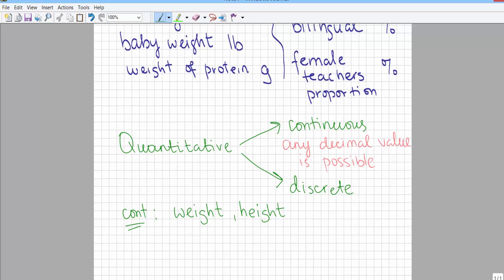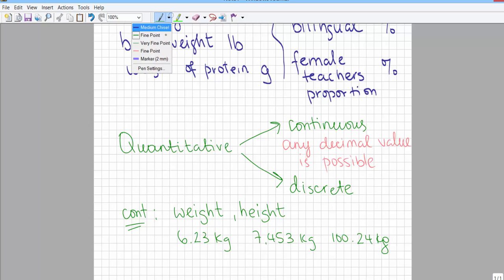Whenever you have weight, you could have 6.23, let's say, kilograms, or 7.453, or 100.24 kilograms. Any possible value that has a decimal of any sort is possible, right? So this is a continuous variable.